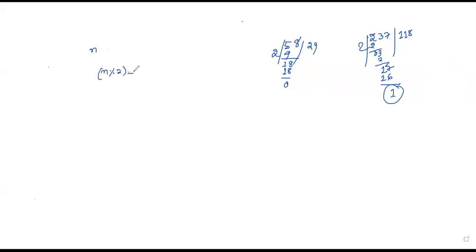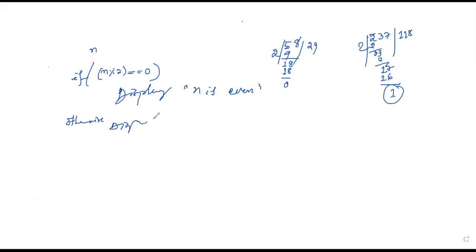If it is equal to 0, when you compare this, then display n is even. Otherwise, display n is odd.